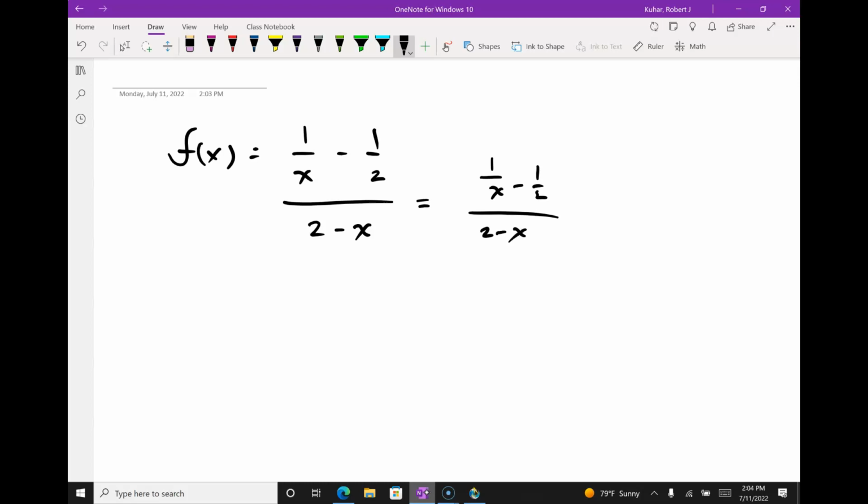How do I know when to use what? Well, if you see a radical, use a conjugate. If you see a fraction, use an LCD. If you see a polynomial, factor. It's that simple. So what's my LCD here? 2x, right? Everyone agree with that? I look at all my interior denominators and multiply them together, right?